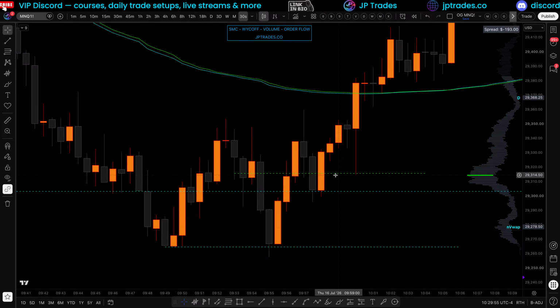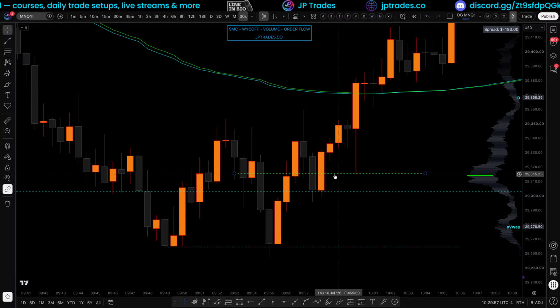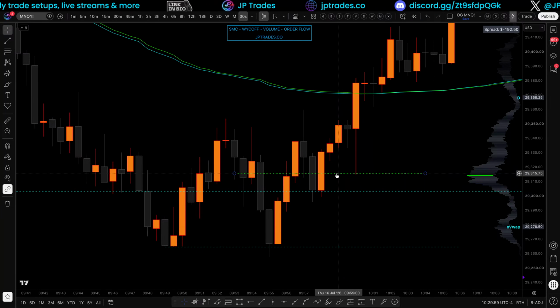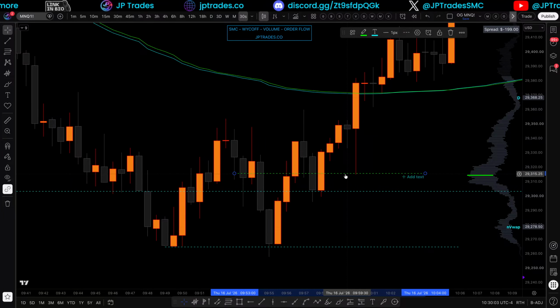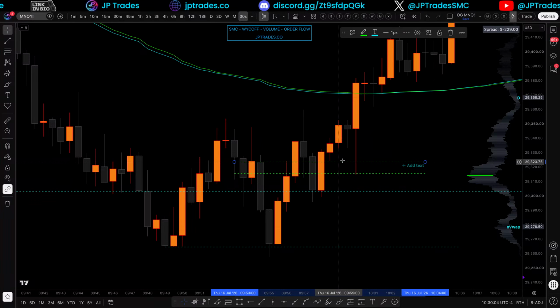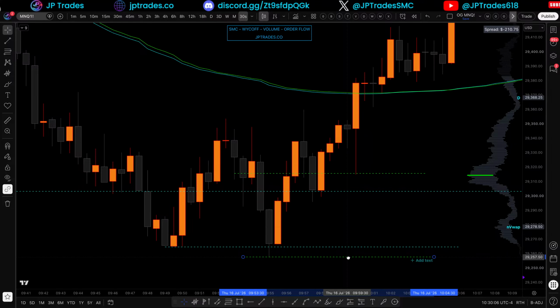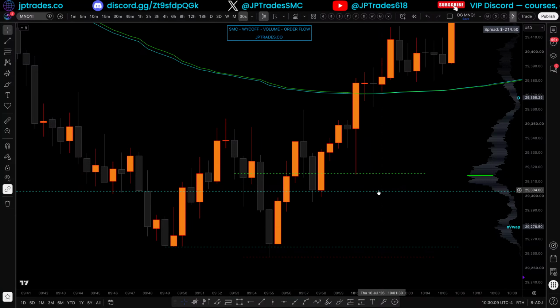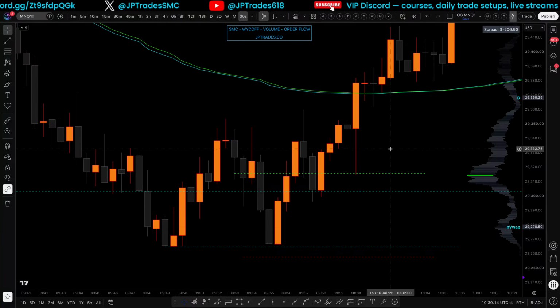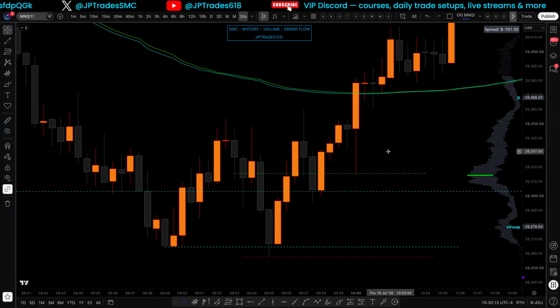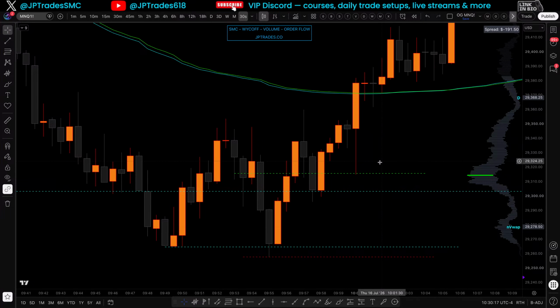So entry here, and where was your stop loss at the get-go? At the low. Okay. So we had that stop loss right here. It didn't hit the stop. I manually closed after I saw that wick and then it started to go red, so I just got out of the trade. Right.